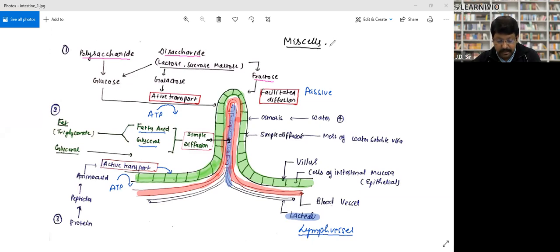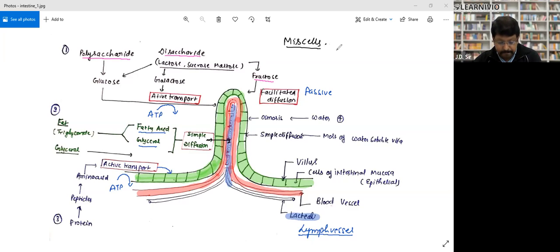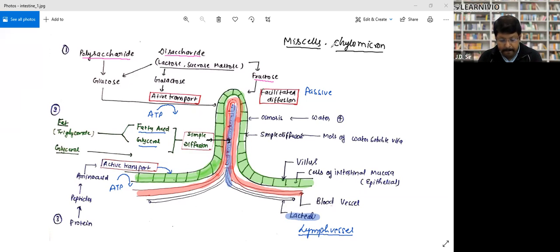Micelles are converted into a small droplet by ER, endoplasmic reticulum, called chylomicron. Full stop.